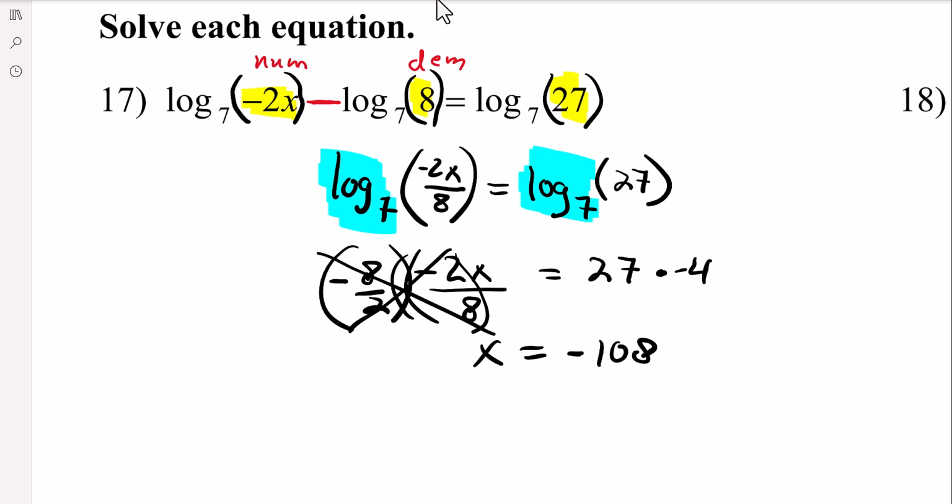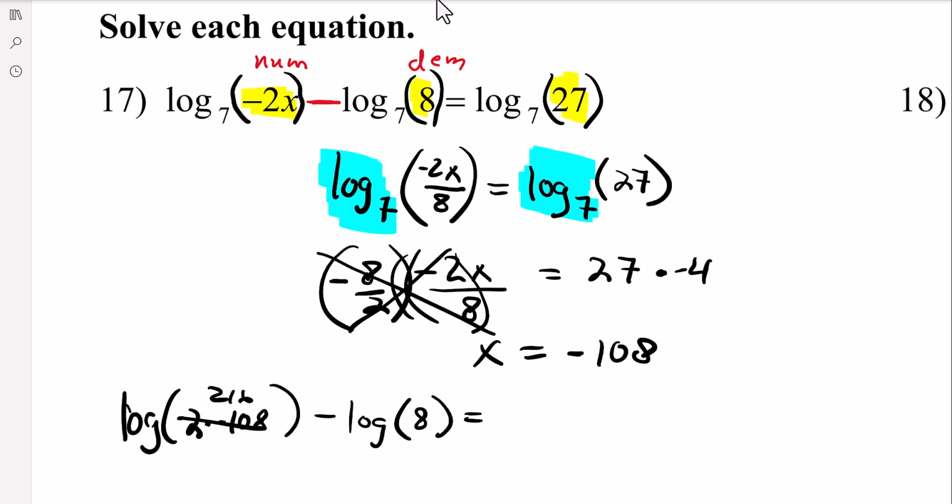Oh, and then, by the way, you then have to try that, because we need to make sure they're the same. So then that becomes log of negative 2 times negative 108. Let's see, that's 216. Subtract log 8.